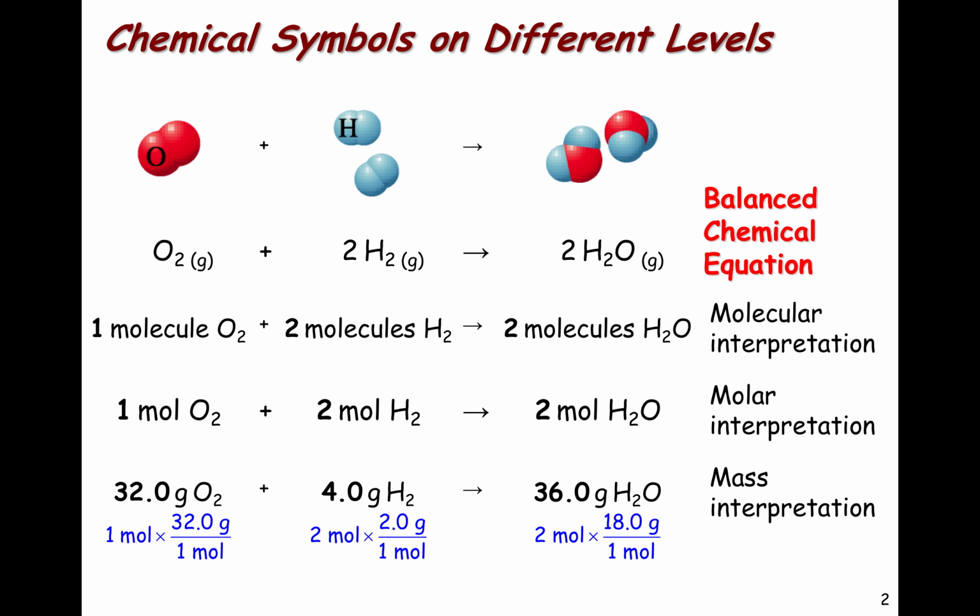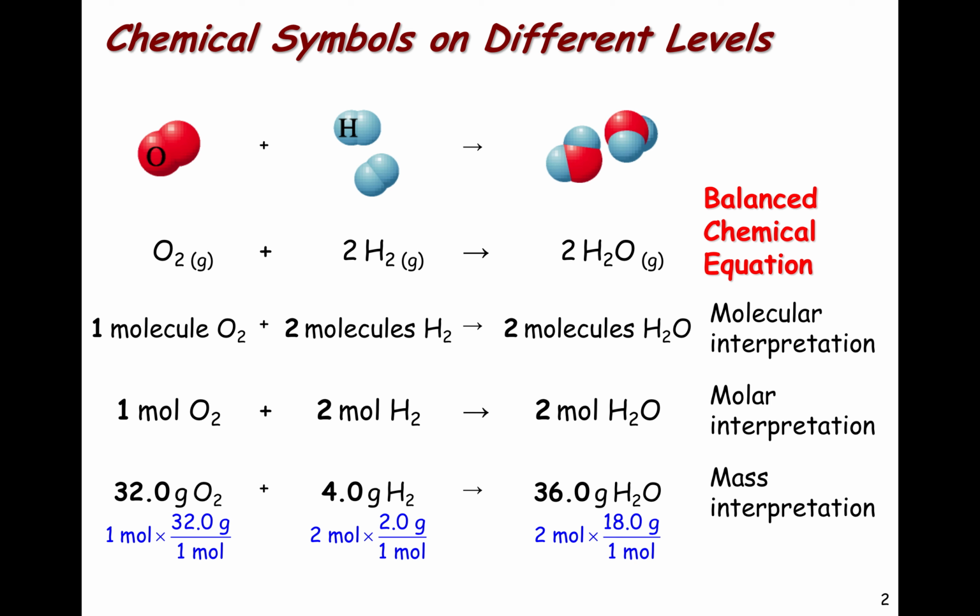The final thing that we will then have to relate this to is the mass ratios for the various compounds involved in the reaction. And we can see here that the amount of mass of each of the reactants and products can be determined from the molar mass of each of the compounds.